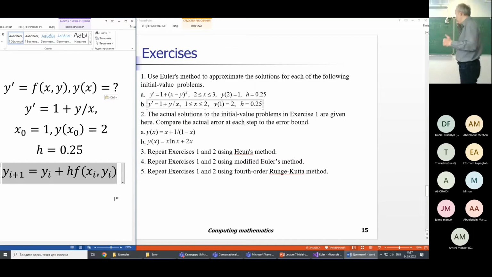So the value of y1 is y0, 2, plus h, 0.25, times 1 plus 2 over 1, which is 3.